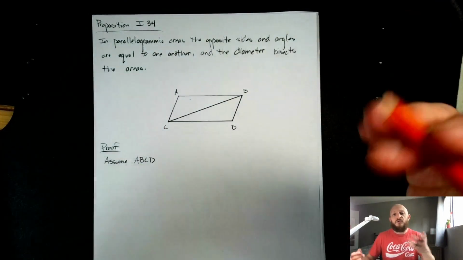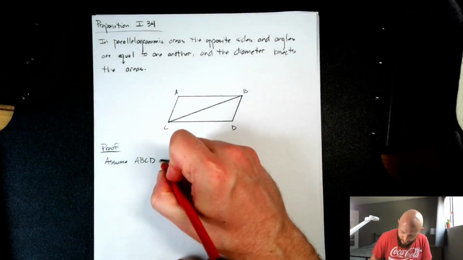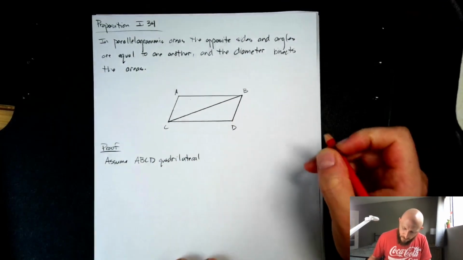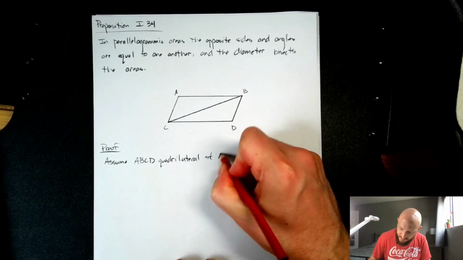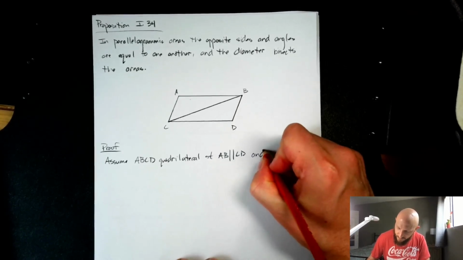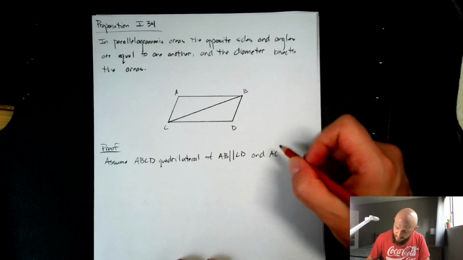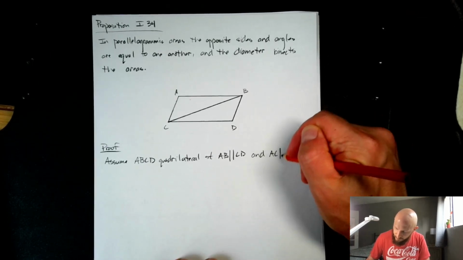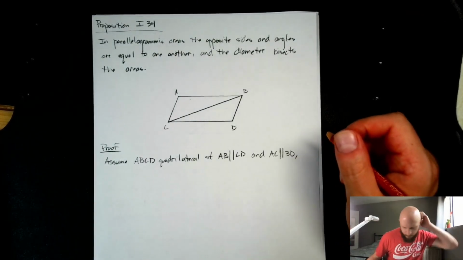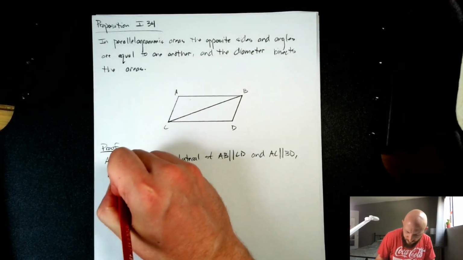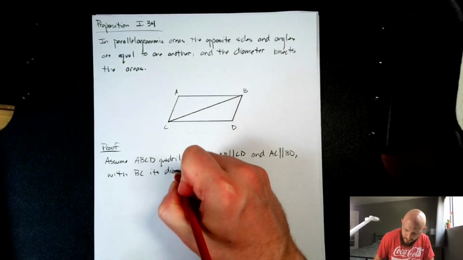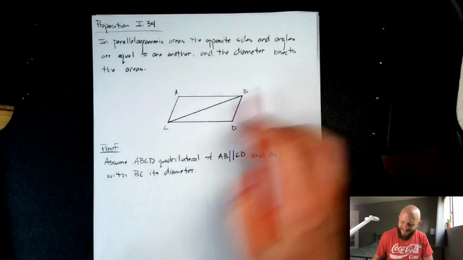ABCD is a quadrilateral such that AB is parallel to CD and AC is parallel to BD, and with BC its diameter.